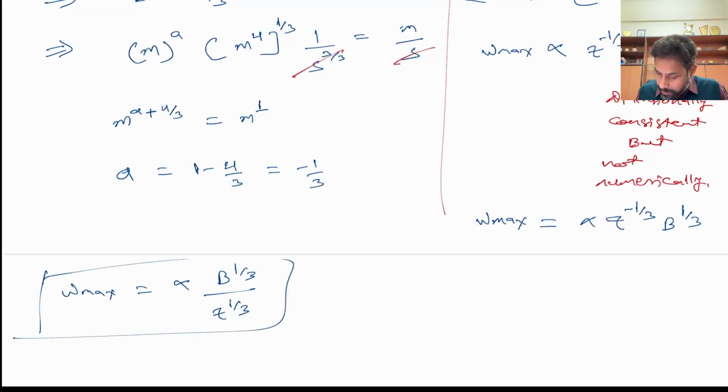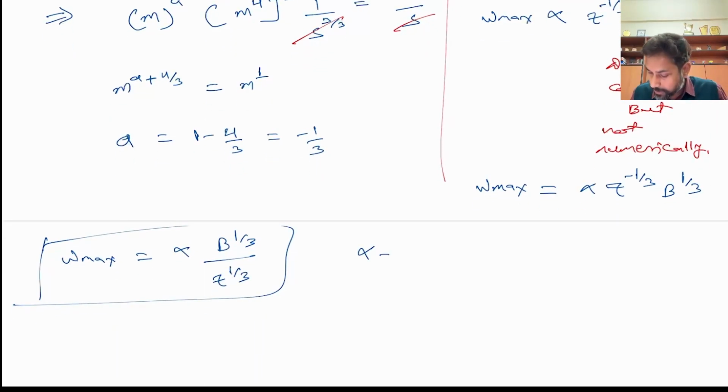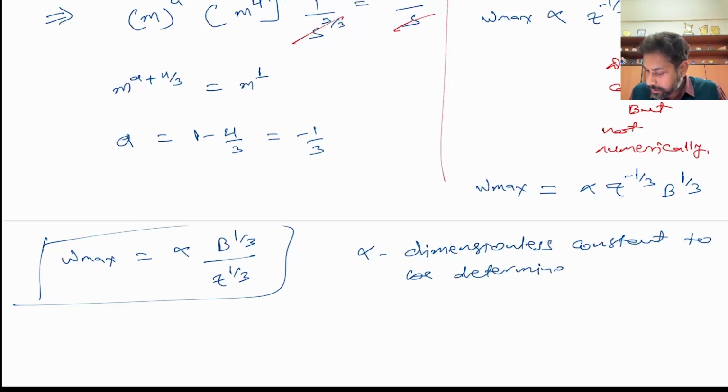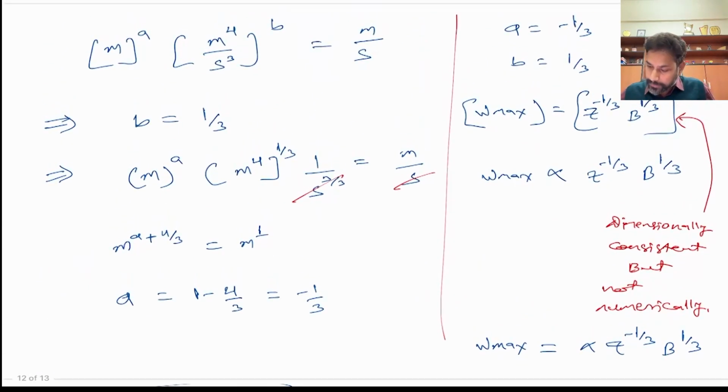Okay, so here this is the equation we get, where alpha is a dimensionless constant to be determined experimentally.